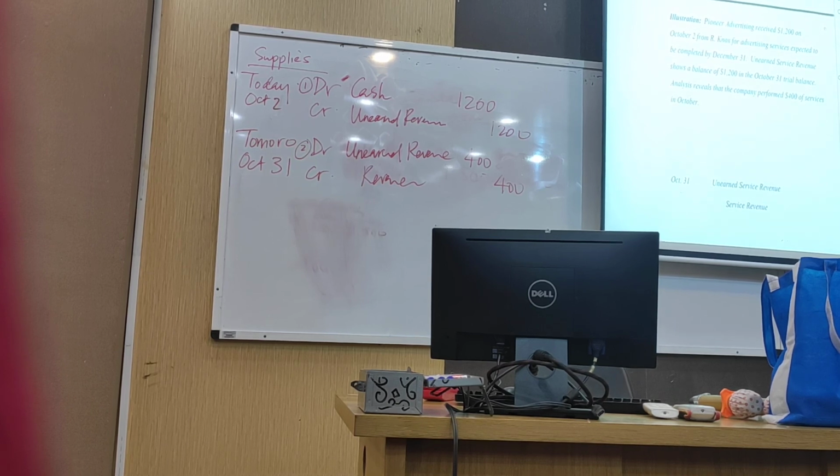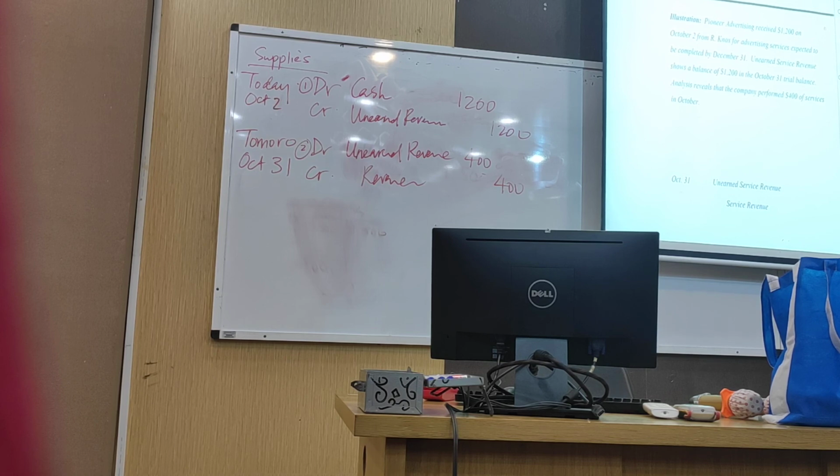Okay, why? Because I told you, look at the formula, look at the description here. Unearned revenue is a liability. When I collect the money, I don't actually own that money. That money belongs to somebody else. Why? Because I haven't done the work yet. If I don't do the work, I need to return the money. I just gave you a deposit. So if you don't do the work, please give me back my money.